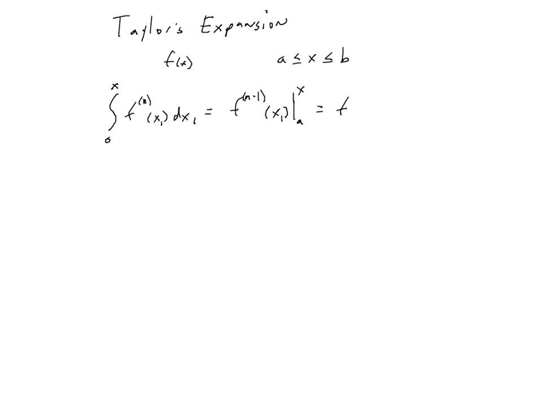And so what you're going to get is going to be the n minus 1 derivative at x minus the n minus 1 derivative at a.